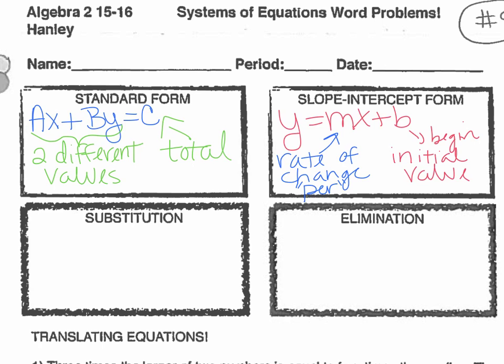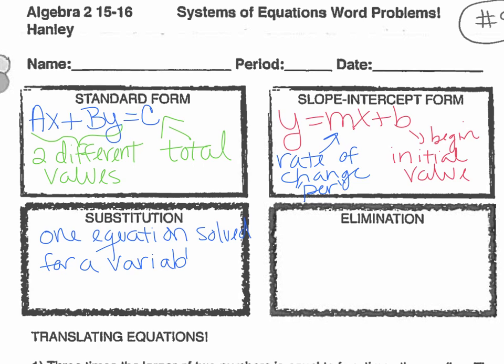But remember, substitution is when you have one equation solved for a variable. And so depending on which equations you built, that will determine the method you use to solve. If you create 2 standard form equations, you're probably not going to use substitution.